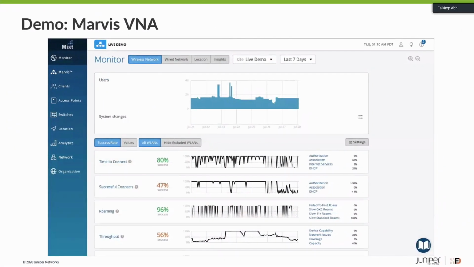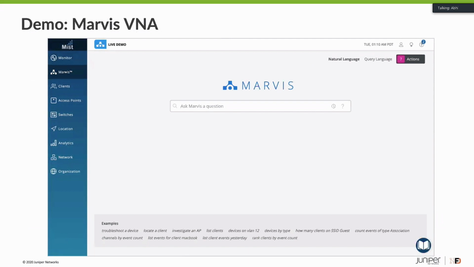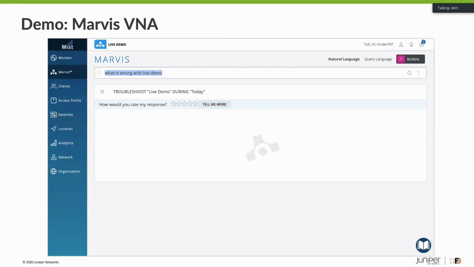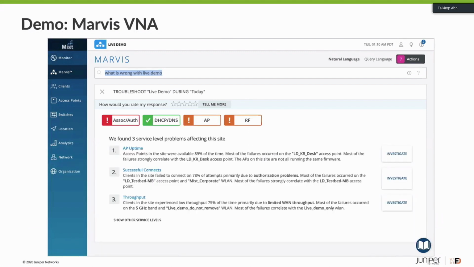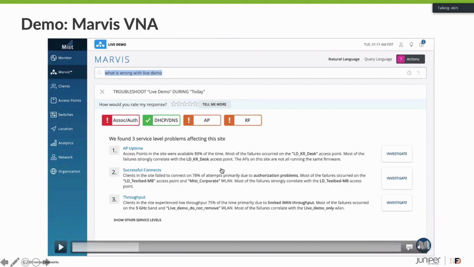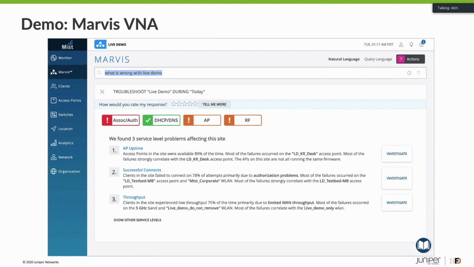We provided you an organizational level view, for us to be able to say either, hey, what is the problem in my particular site, or which sites have been doing badly all along. We bring about one of the most important things, at least as an administrator, to see quickly and say, in your particular network, the associations are okay, or your DHCP and DNS are okay.